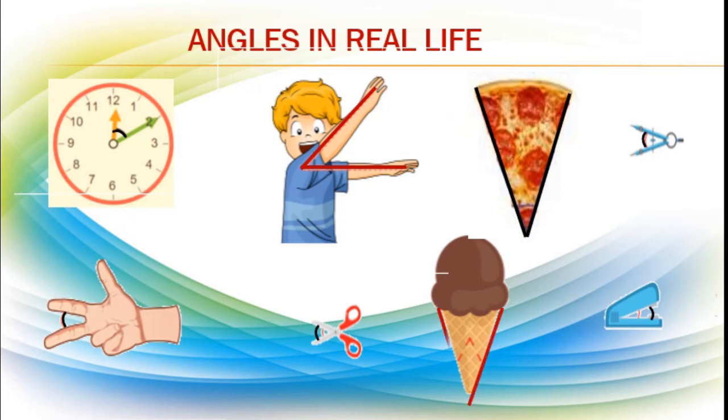The angle of the cone is also less than 90 degrees, because you know about the 90 degree. 90 degree means nothing but a capital L. These all show that they are less than 90 degrees, so these are called acute angles. Remember the word acute. Acute angles.